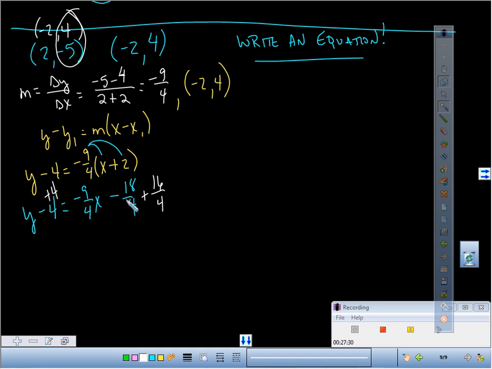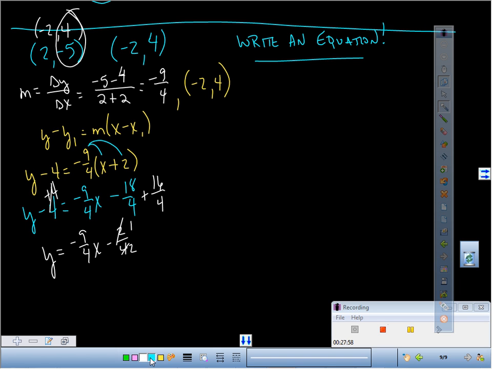I just went ahead and found the common denominator, because that's just going to make it faster and easier for me. So I get negative 9 fourths x, a negative 18 fourths and a positive 16 fourths is a negative 2 fourths, which is what? 1/2.